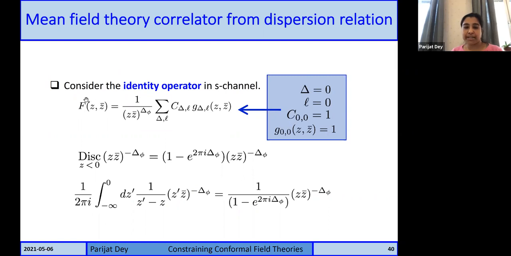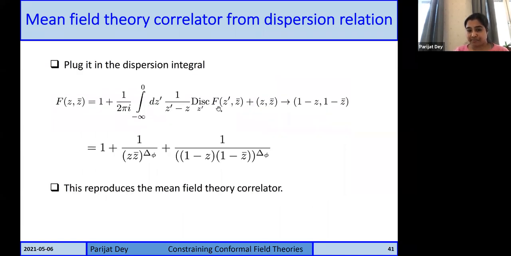So for the identity, this contribution is just 1 over z-bar to the delta phi. So we compute the discontinuity of this function, and then again we plug it into the dispersion relation, and we end up getting this expression. So this tells us that the identity operator in the OPE reproduces the mean field theory correlator. So this is just the mean field theory correlator from the dispersion relation.